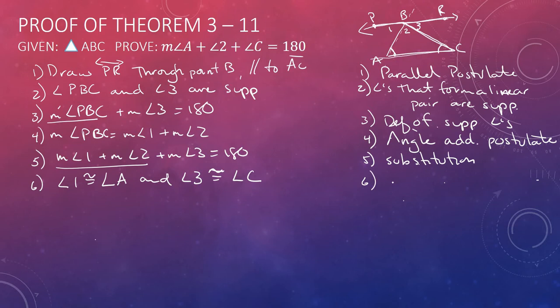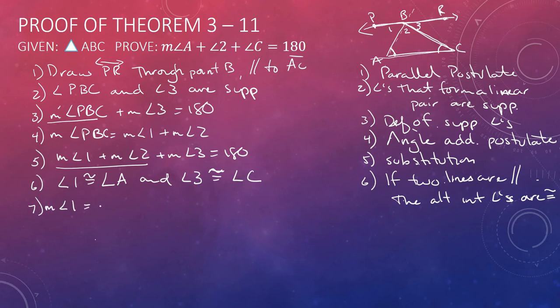So number 6, if two lines are parallel, which we know our lines are, then alternate interior angles are congruent. All right.